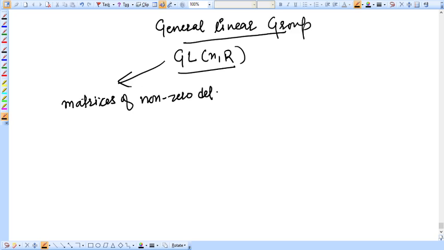Here n represents the order of the matrices, that is, these matrices are n by n, and R represents that the entries these matrices take are real numbers. So this also forms a group.